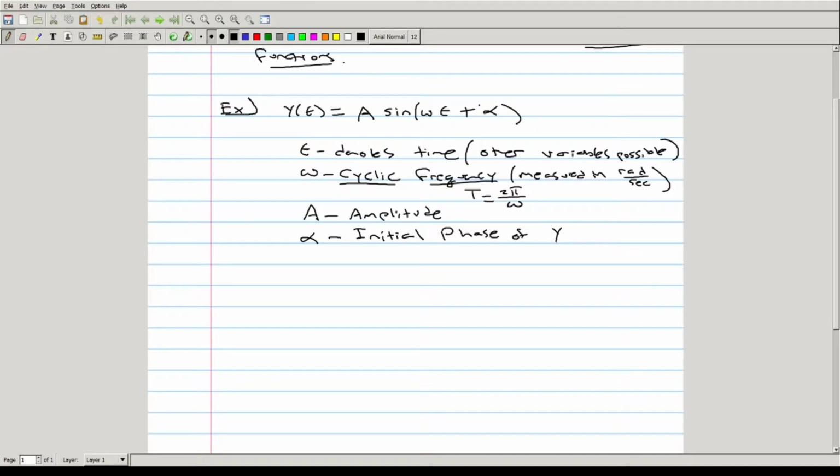And then this will start repeating itself when we hit the value of lowercase t equal to capital T, 2 pi over omega. Because when you plug that in, you get sine of alpha plus 2 pi, which is the same thing as sine of alpha, because the sine function is 2 pi periodic. This is very cool.